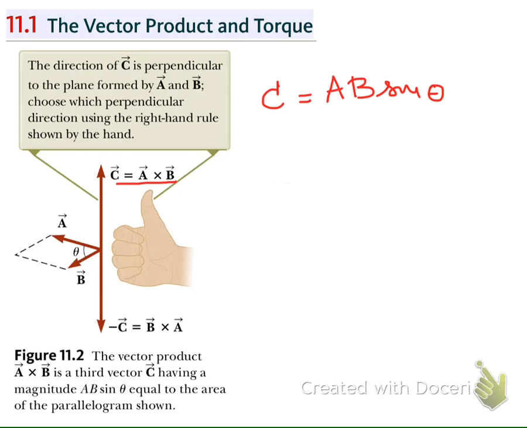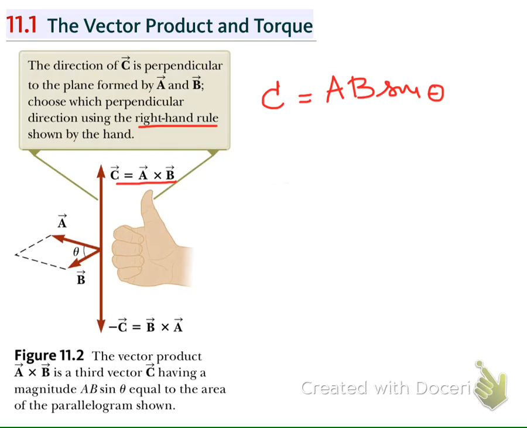This is by definition, where theta is the angle between A and B, as in this figure. And the direction of C will follow what we call the right hand rule.